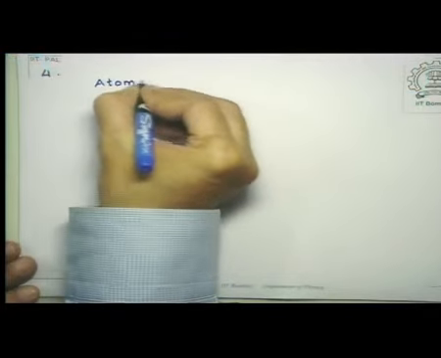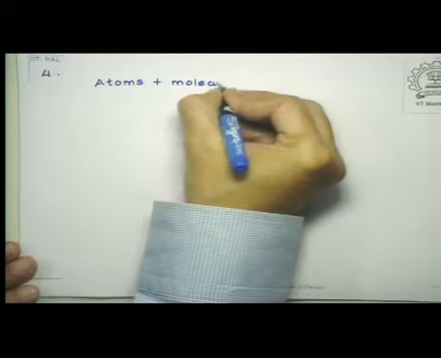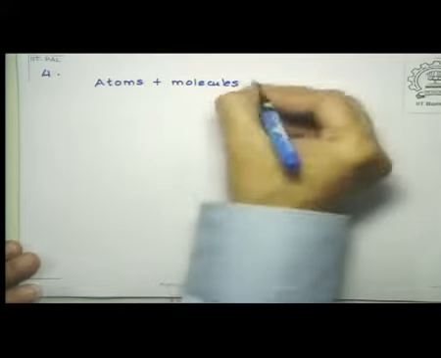So the first thing that we know is all material consists of atoms and molecules, and so the behavior of a material, electrical property or any other property for that matter, depends upon the atoms and molecules which constitute the matter and their interaction.